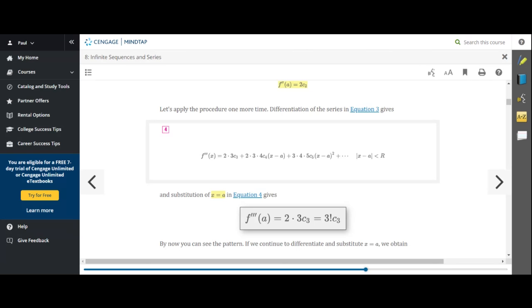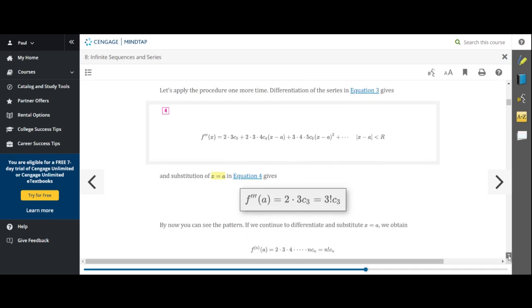C2 is the second derivative of the function evaluated at a divided by 2 factorial. C1 is just the first derivative of the function evaluated at a, but that can be thought of as f prime of a over 1 factorial, because 1 factorial equals 1.